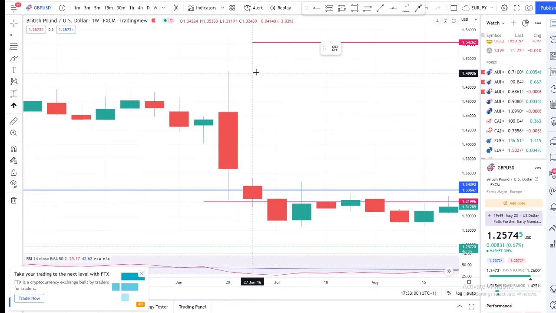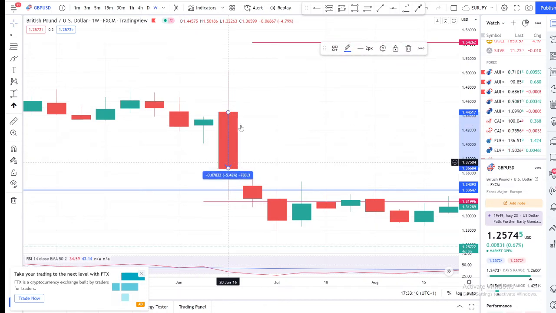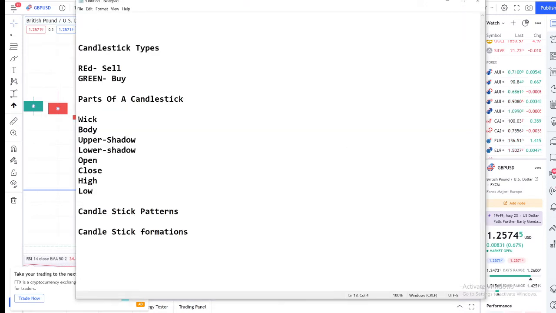Your body starts from right here, to here. This is the body of the candle. This is the open of the body. This is the close of the body. Now, this is the low of the candle, and this is the high of the candle. There's not much explanation to it. It is pretty basic and self-explanatory.